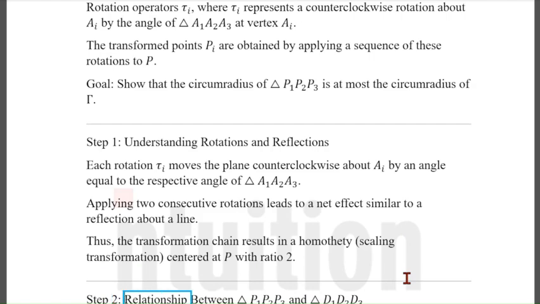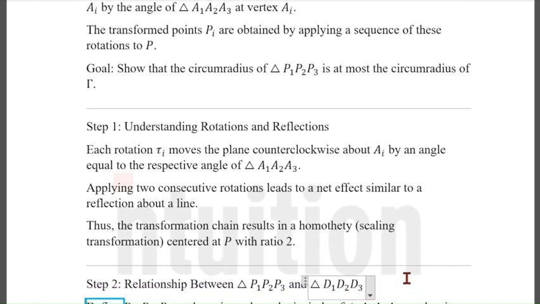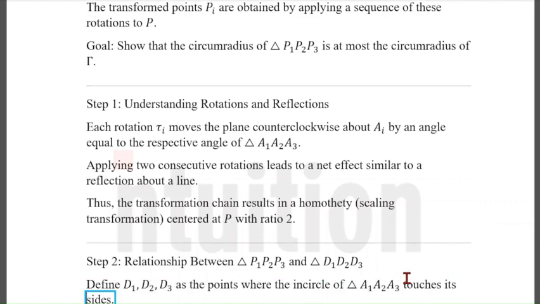Step 2. Relationship between P_1, P_2, P_3 and D_1, D_2, D_3. Define D_1, D_2, D_3 as the points where the incircle of A_1, A_2, A_3 touches its sides.